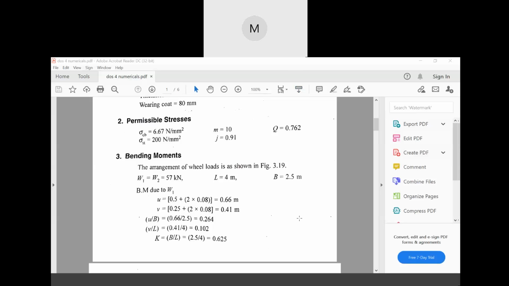Please start noting down this numerical. Please let me know once you are done noting this down. Yeah?